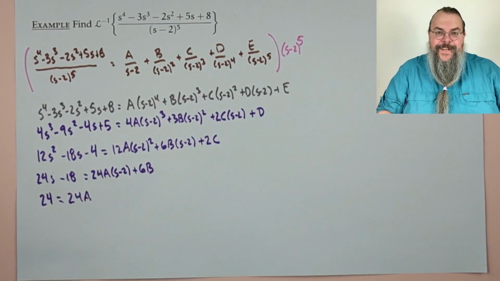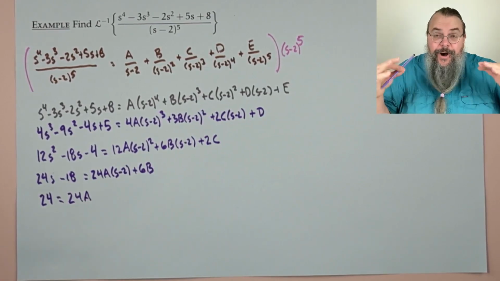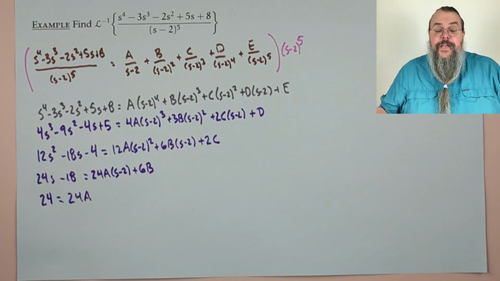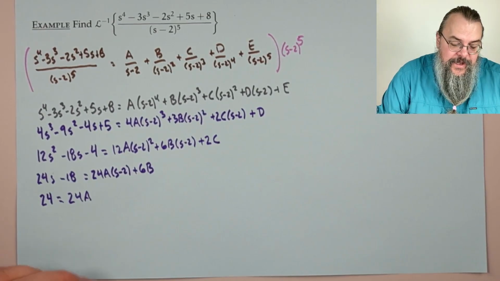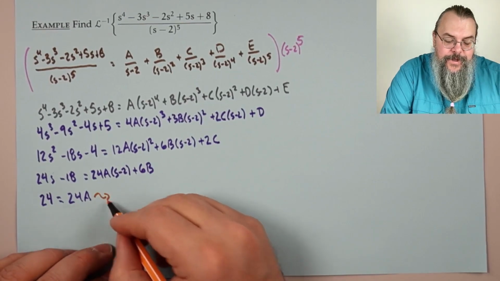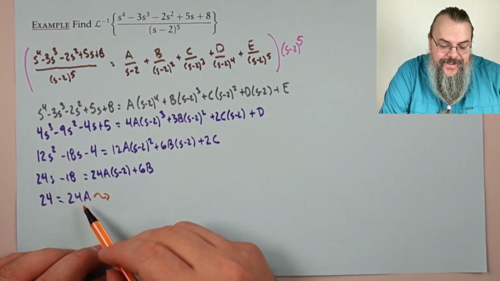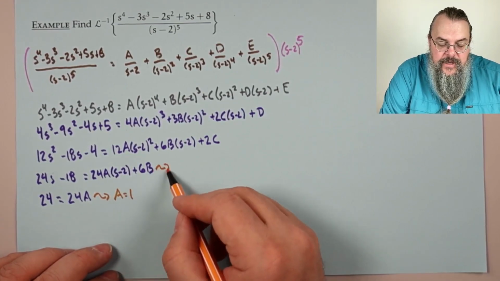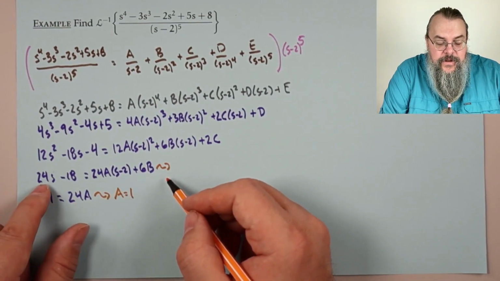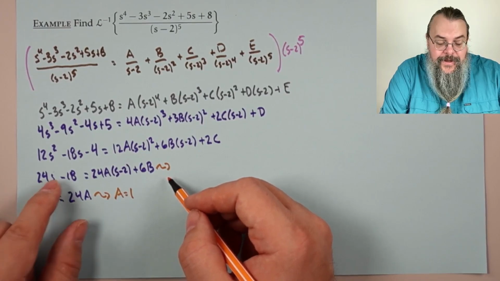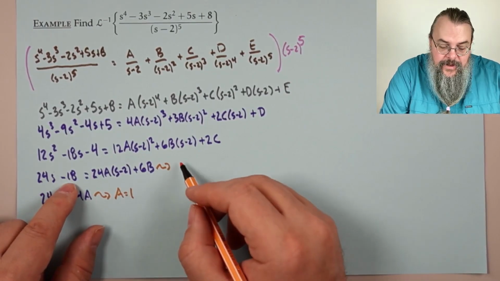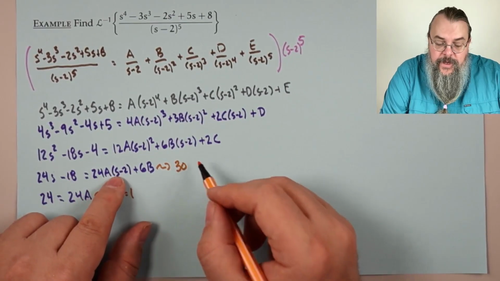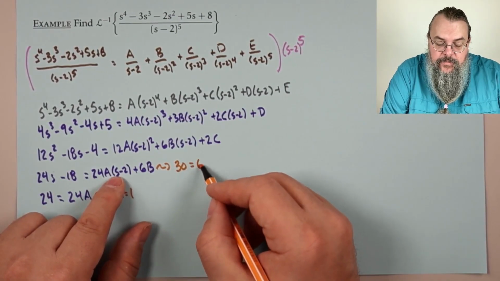All right, so all these statements are true. And now what we'll do is in each one of them we'll plug in 2. Now, of course, for this one, when you plug in 2, it doesn't matter because there's nothing left. We get a equals 1. Here, when you plug in 2, you'll get 48 minus 18, which is 30. That goes away, so that equals 6b.